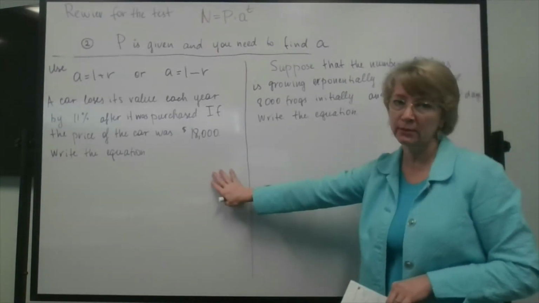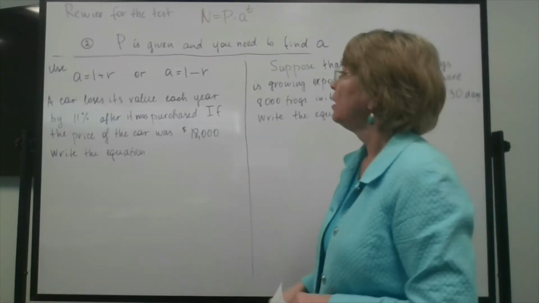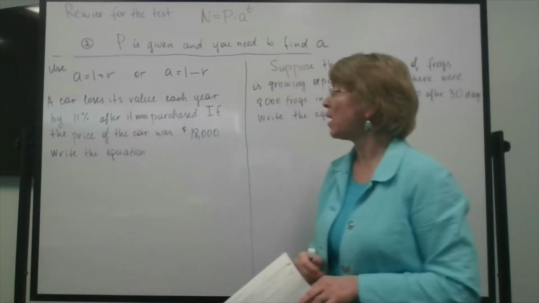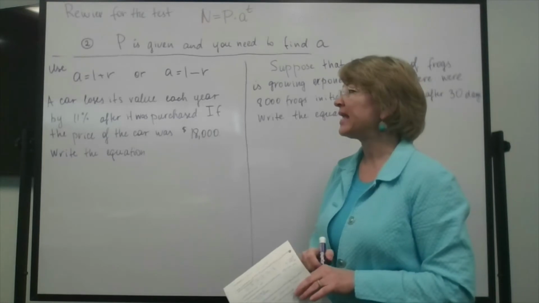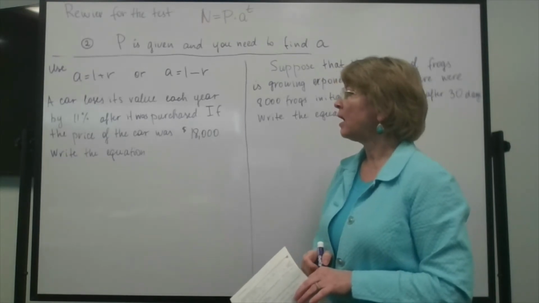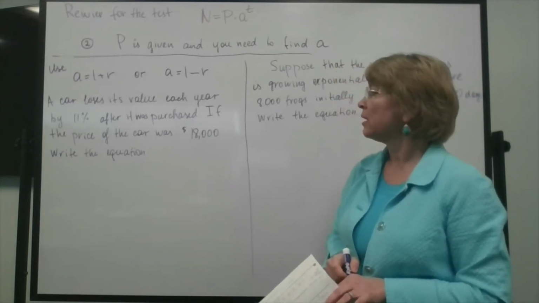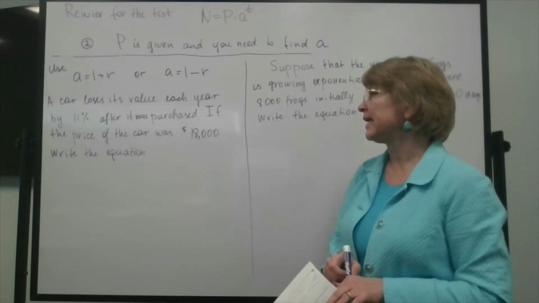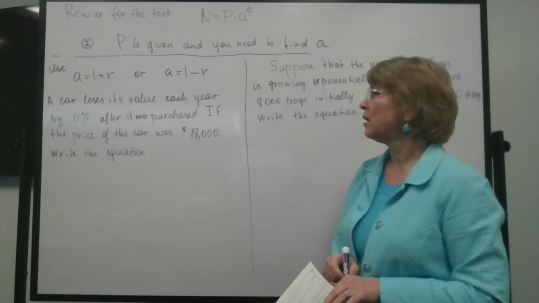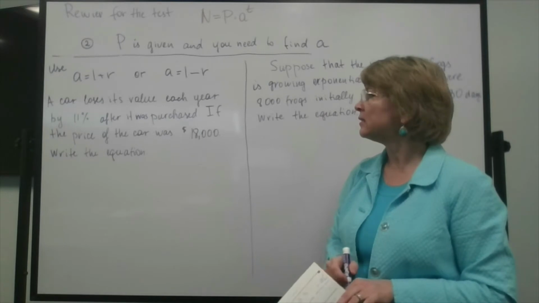Let's focus on this example first. So a car loses its value each year by 11% after it was purchased. If the price of the car was $18,000 originally, write the equation.